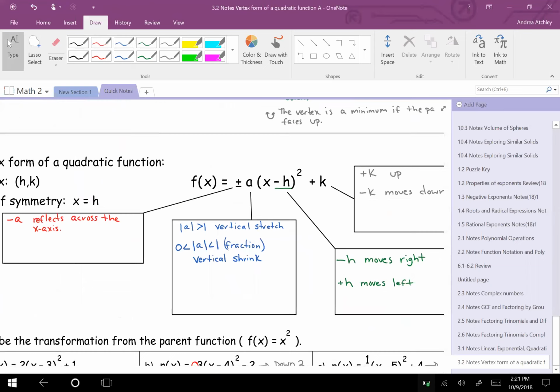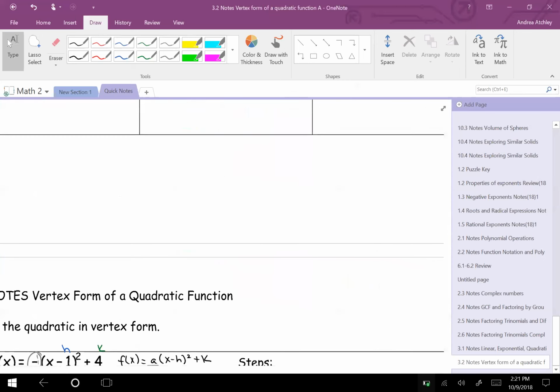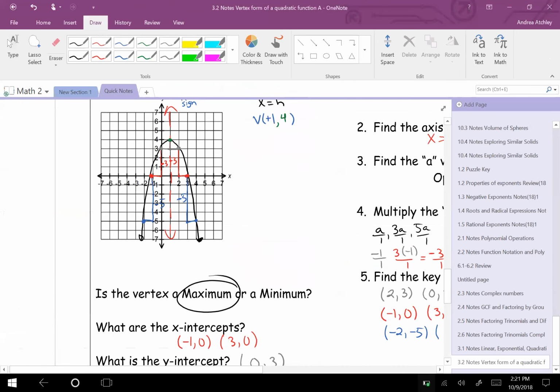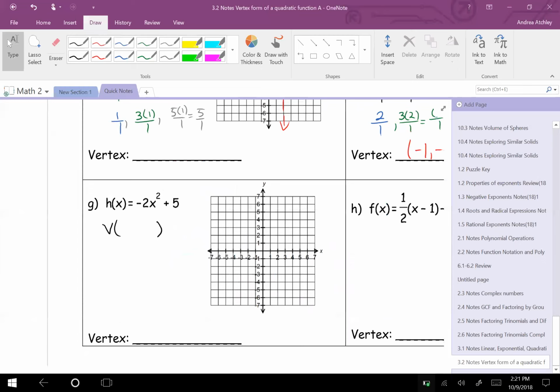And an a value is a number that's multiplied. So would that -2 be part of the vertex, or would it be part of the a value? Part of the a. Okay. So that -2 is my a value.